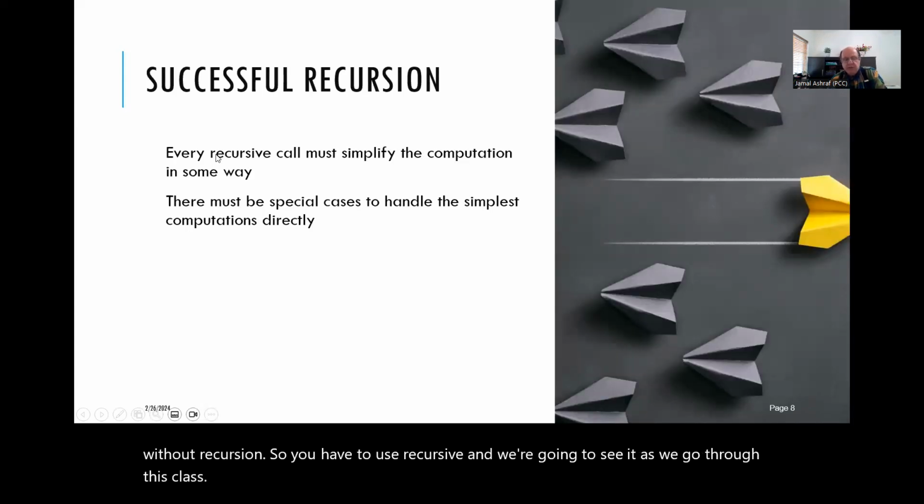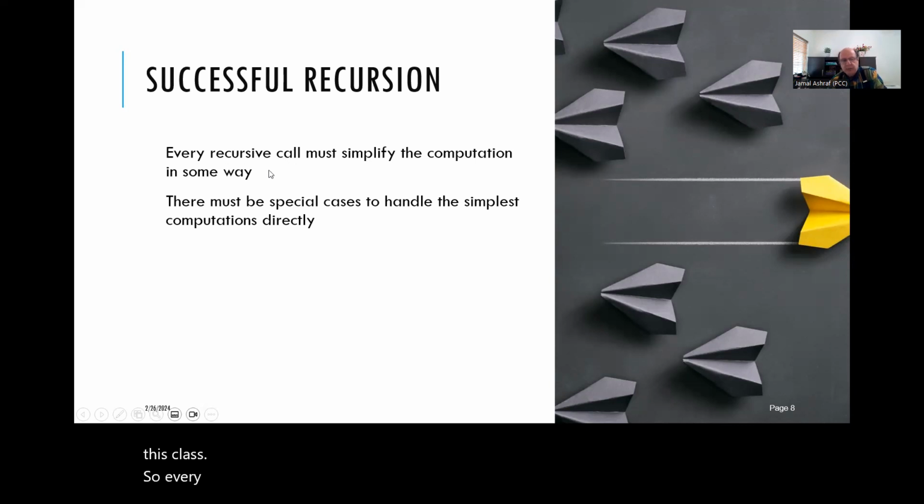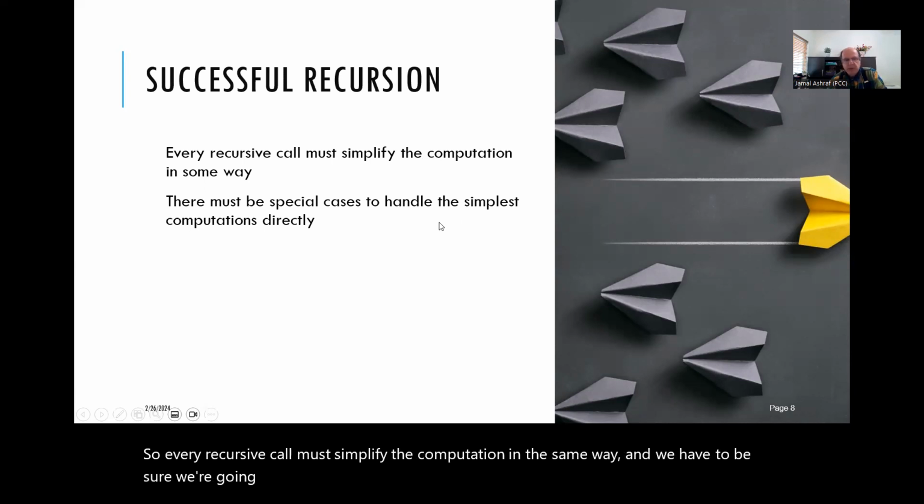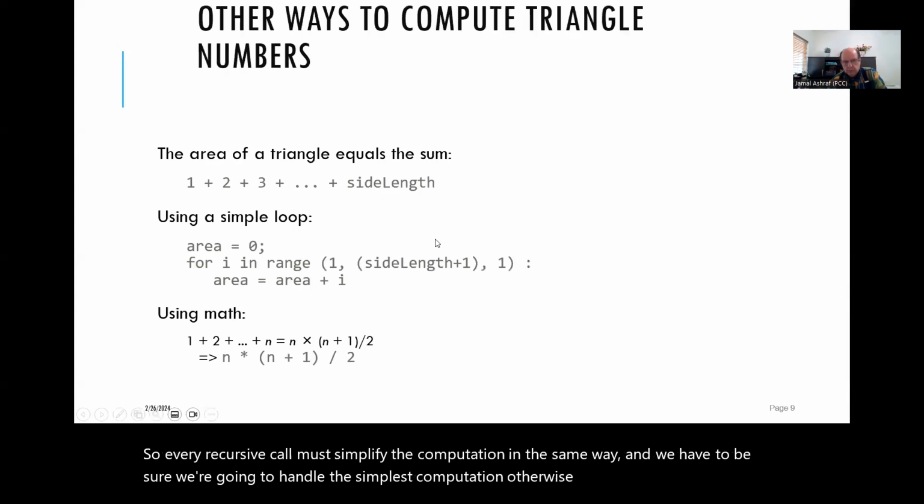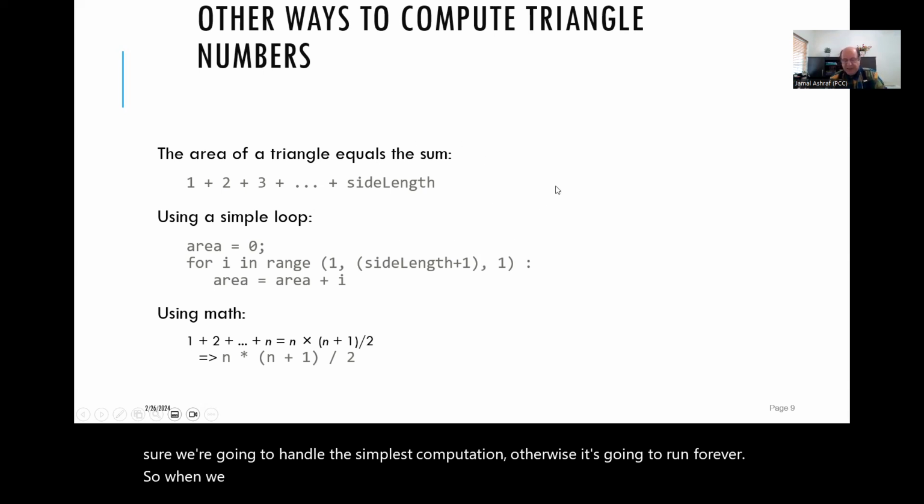So every recursive call must simplify the computation in the same way, and we have to be sure we're going to handle the simplest computation. Otherwise, it's going to run forever. So when we have a problem, especially with this class, we're going to be thinking about the best algorithm.